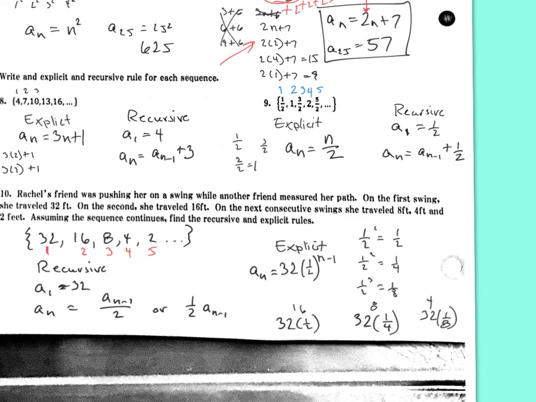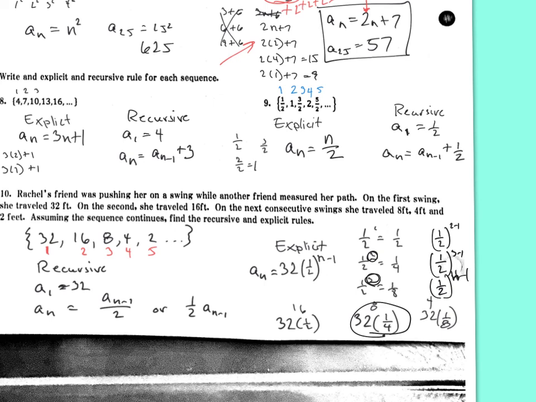So from there, I just was like, okay, I made my list of 1/2, as you can see. My second term needed to multiply by 1/2. My third term needed to be 1/4, so I needed a 2. My fourth term needed the power of 3.